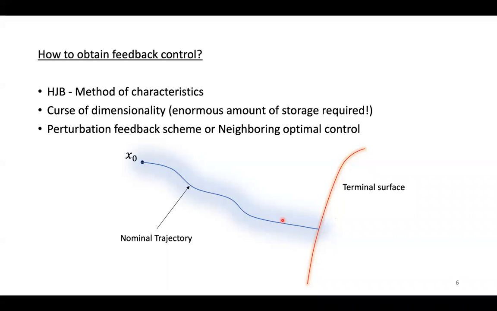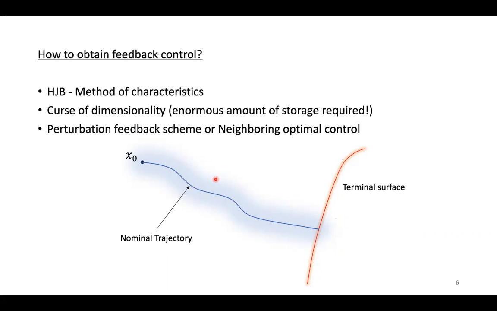What neighboring optimal control essentially does is that it linearizes the dynamics along this trajectory, and you create an approximate cost function which you are trying to minimize about this nominal trajectory to arrive at what are called near optimal trajectories around this optimal or nominal trajectory, which means instead of focusing on the entire state space, you are focusing on, let's say, moving slightly away from this nominal trajectory by a certain amount.